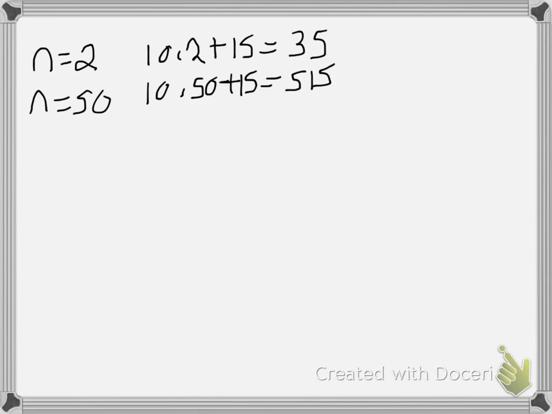Well, the number of terms is simply 50 minus 2 plus 1. Guys, you've got to remember that this is 48, but there's actually 49 terms here, right? 1 to 50 would be 50. 2 to 50 would be 1 less, so it would be 49. So n equals 49.